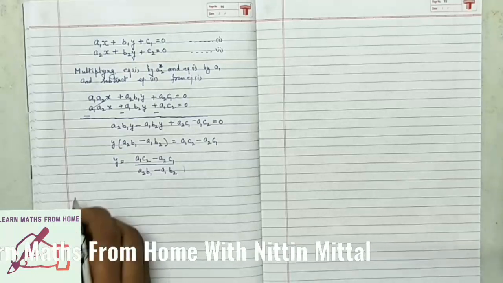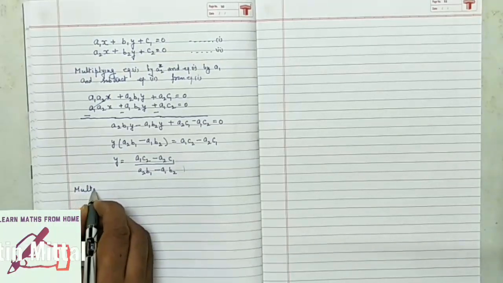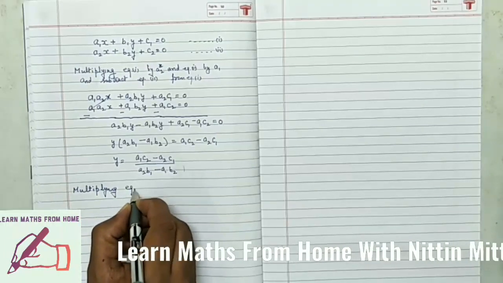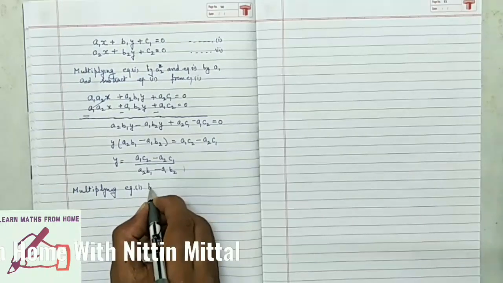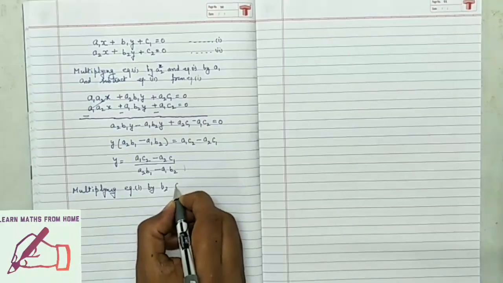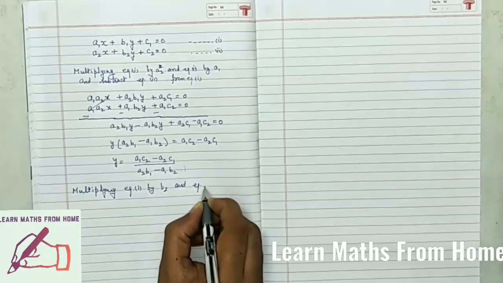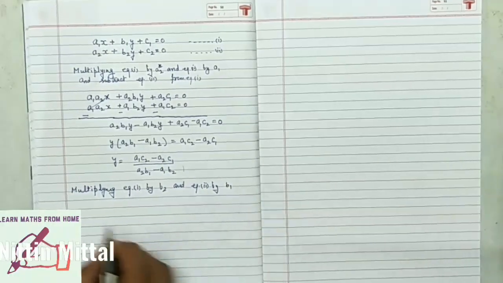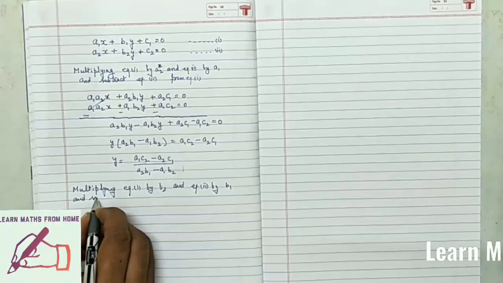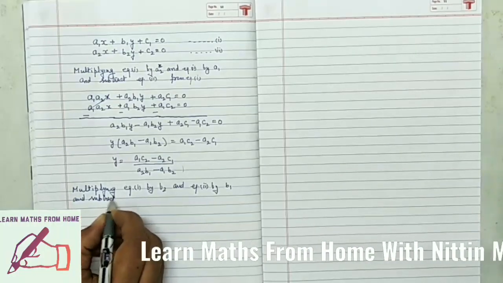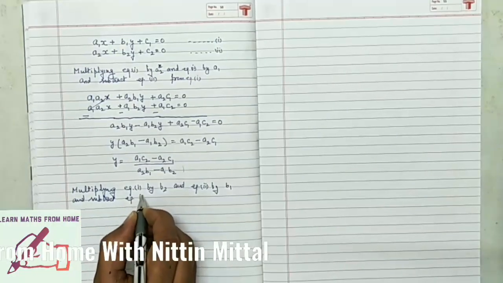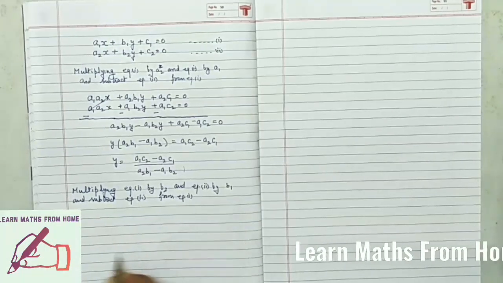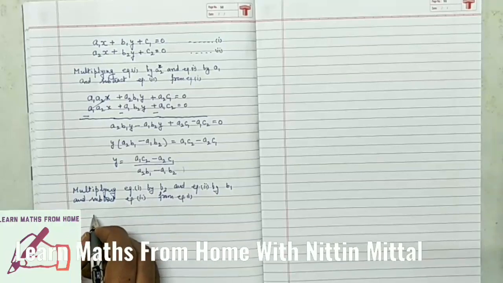So again multiplying equation 1 by b2 and equation 2 by b1, and subtract equation 2 from equation 1.